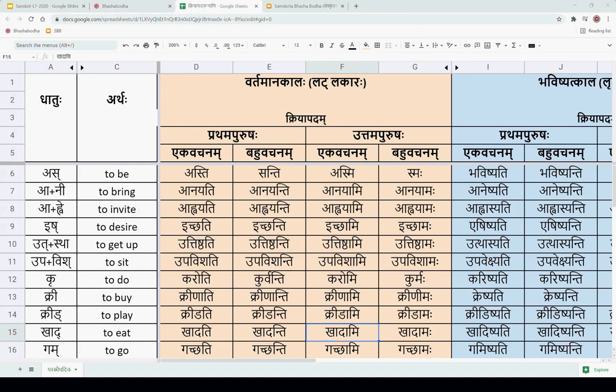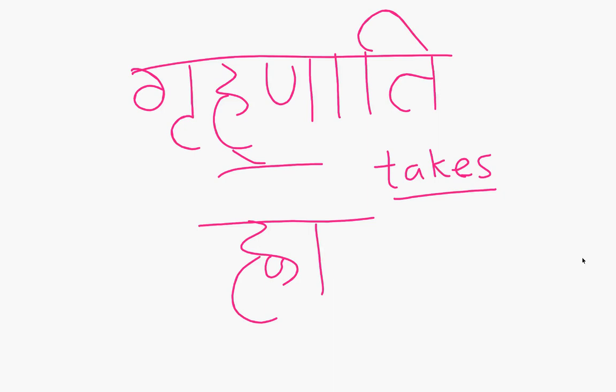So that is also like krinati. You see that na is in between there. Krinati, grihnati. Like krinati becomes krinanti, grihnati becomes grihnanti.